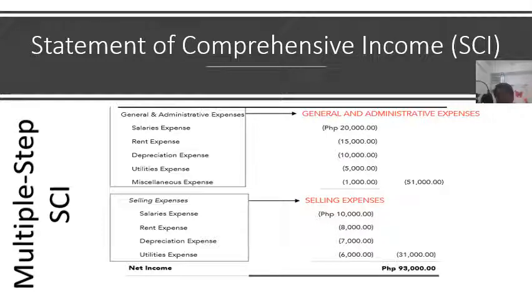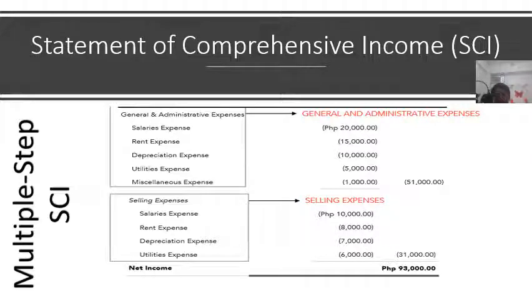So there are expense na common ini-incur ng admin at selling expenses. So ang gagawin niyan, bibigyan ka ng ratio para ma-divide mo yung expense. So for example, yung rental. Sasabihin sa rentals, 1/2 is being occupied ng selling department, ng sales department.